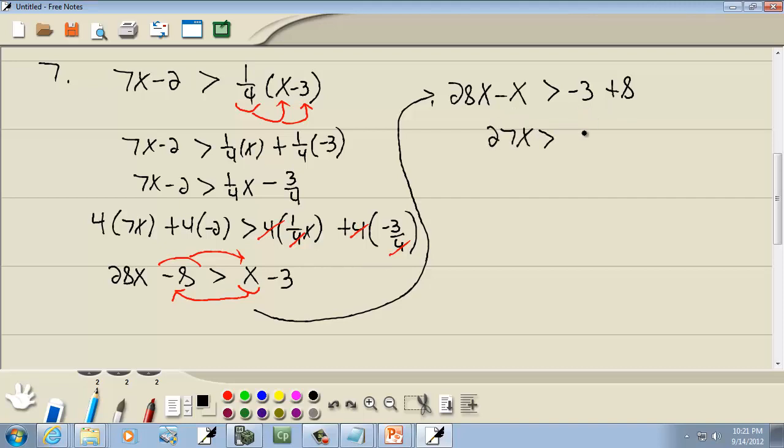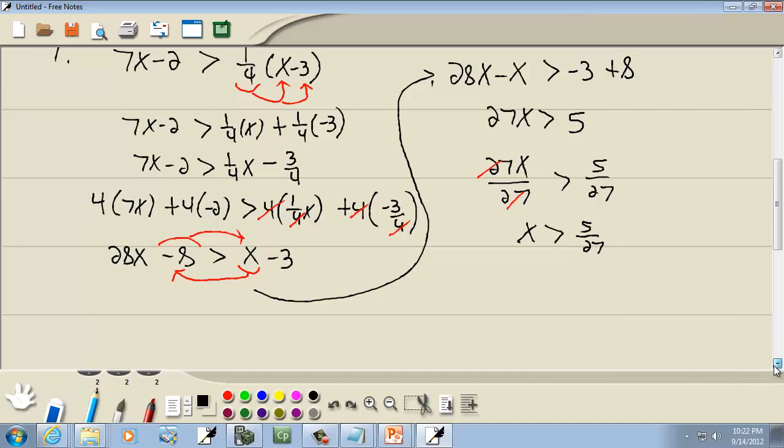Negative 3 plus 8 gives us 5. Well, our last step, divide both sides by the number in front of your x. We'll divide both sides by 27. Those 27s cancel. And we got x is greater than 5/27.